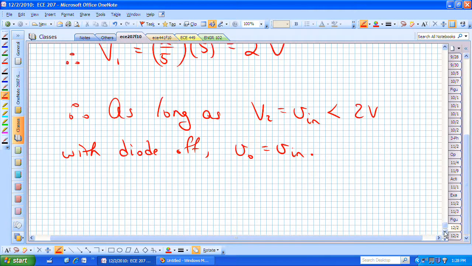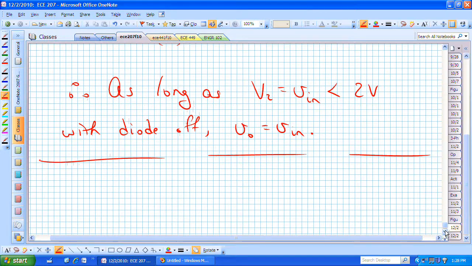Now, what happens when this condition is not true? So when V2 is greater than, I'm sorry, when V2 is greater than 2, then the diode is going to be on.